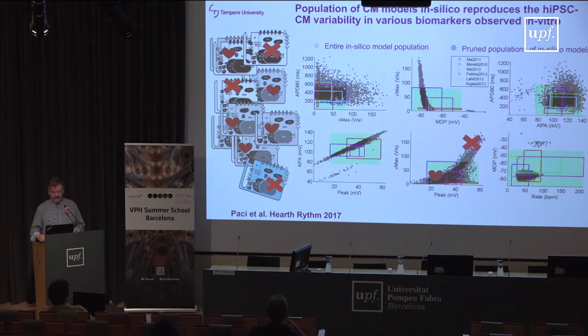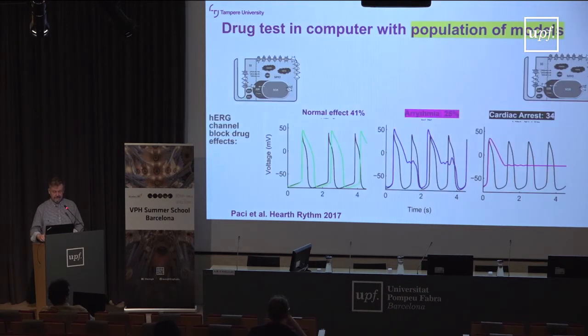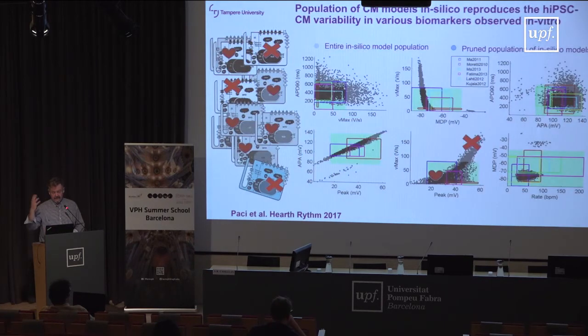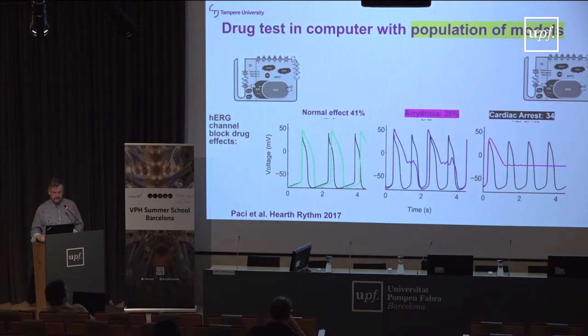So we get rid of all those that are gray, and the black ones are what we used. When you start using this, there's one example where we could try an in-silico drug test.